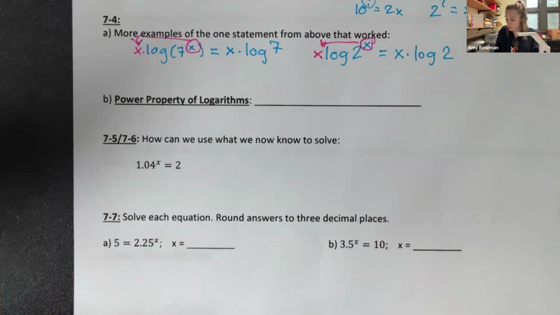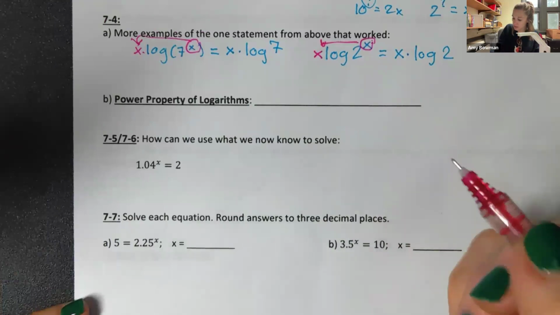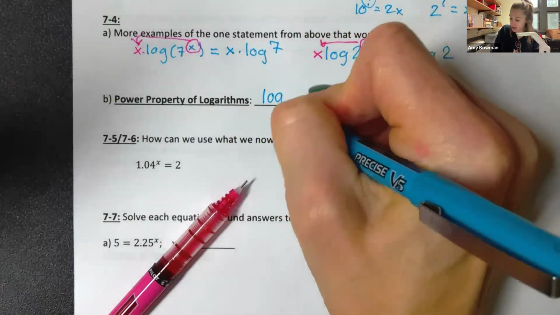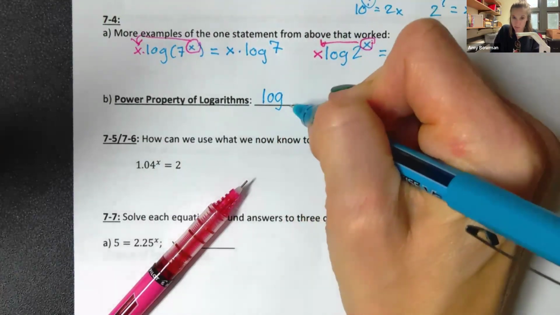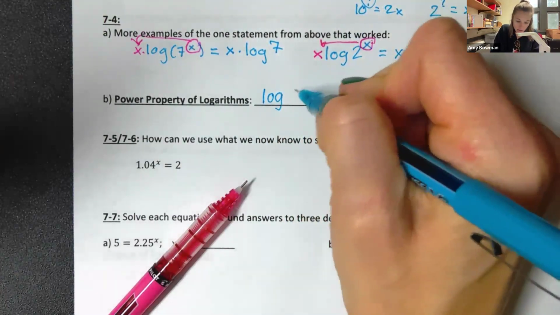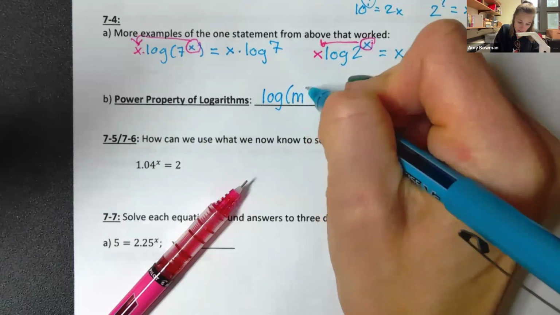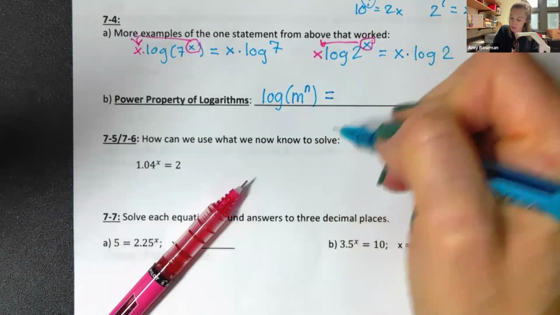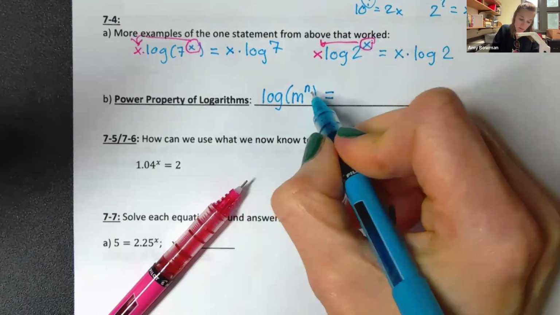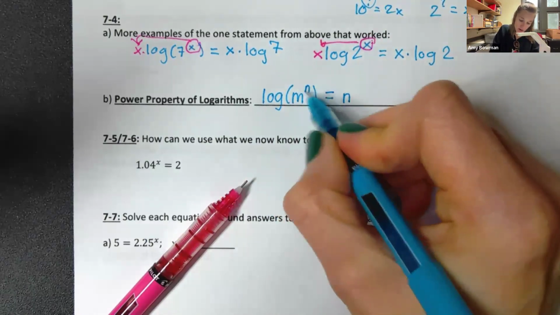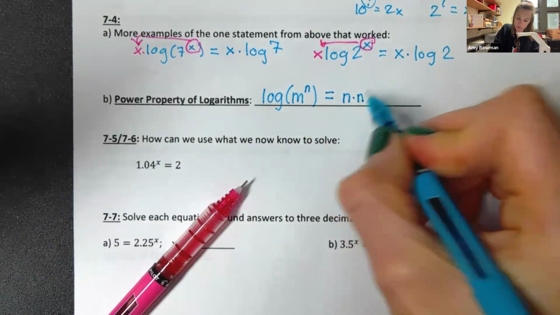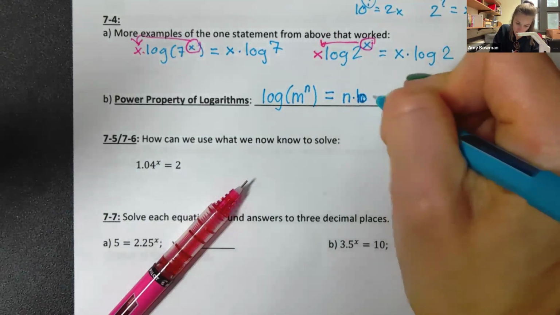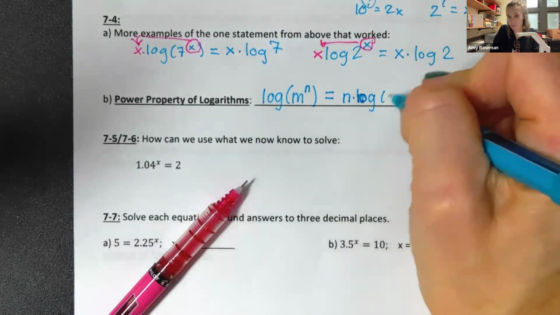So the official power property of logarithms is if you've got the log, any base, it doesn't matter what the base, I'm just doing base 10 or common log, of some base m raised to the power of n. This will always be equal to the same thing if we bring that exponent down front and multiply, whoops, that should say n times the log of m.